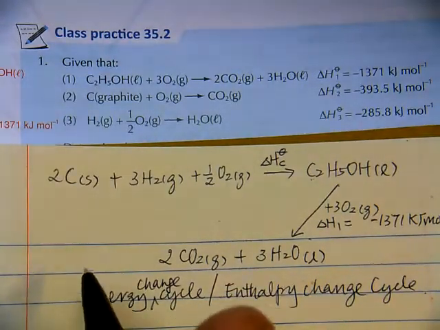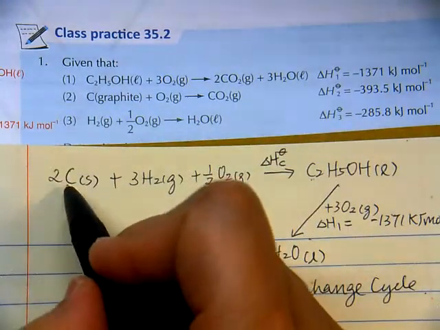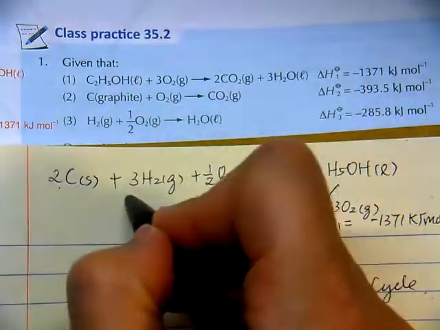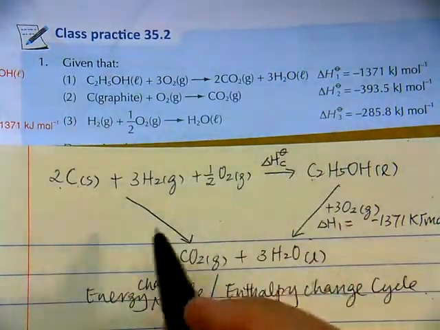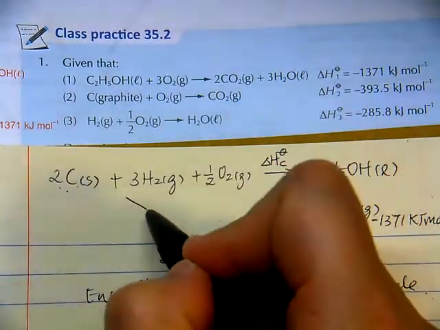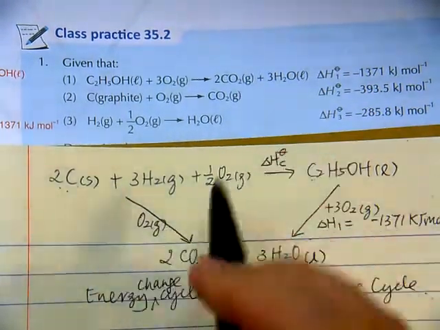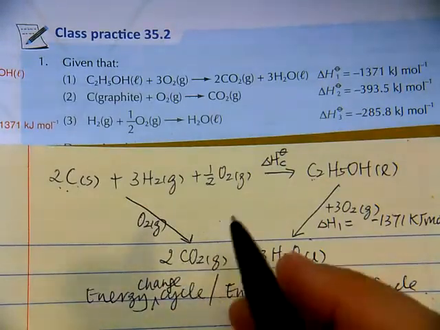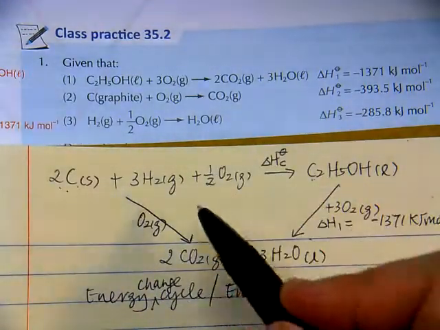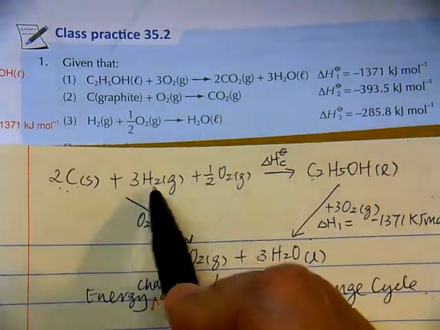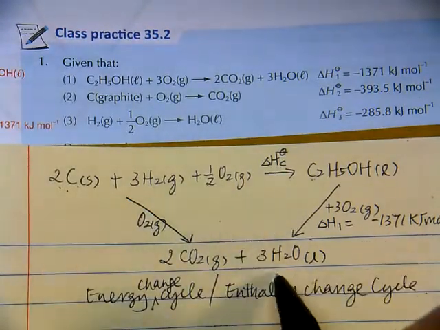Now let's look at this. We have 2 carbon graphite. Okay, we react with oxygen to form carbon dioxide. Besides, we have hydrogen. We react with oxygen to form water.